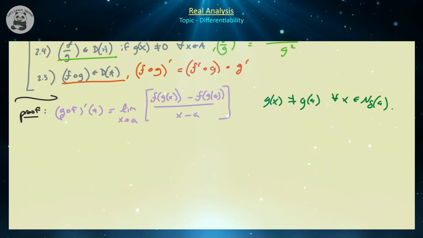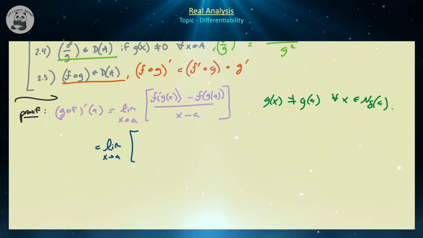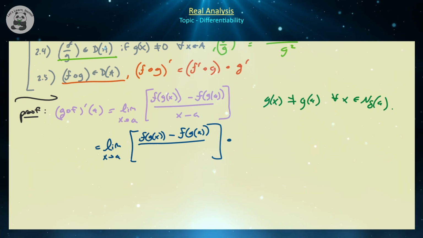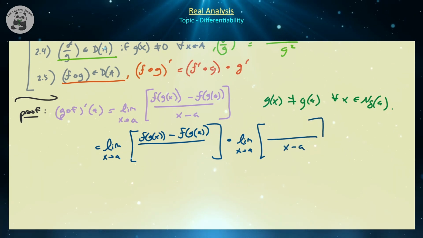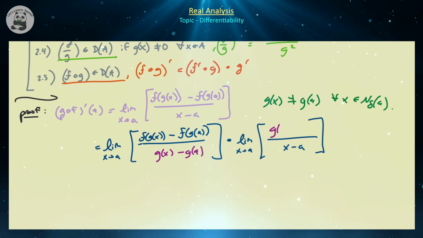If this is the case, then what we have here is the limit as x approaches a of f of g of x minus f of g of a over, so there's the top of our derivative formula, and the bottom I'm going to put over there, and I'm going to introduce our special choice of 1. Our special choice of 1 is going to be g of x minus g of a over g of x minus g of a.